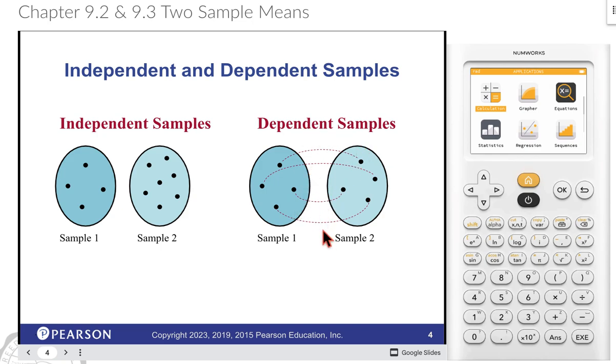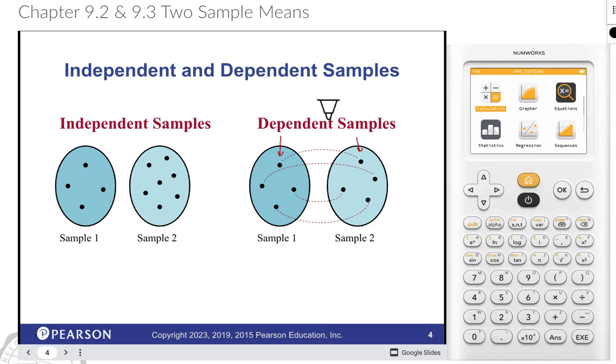In dependent samples, the samples have to have the same sample size because each item, and generally it's a person, but it's not always, has a pre-measurement and a post-measurement. If they miss one of these, we can't use them because then we don't have paired data. If they only take the pre-test and they miss the post-test, they're thrown out of the study.